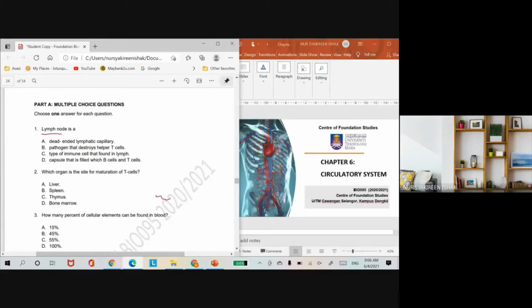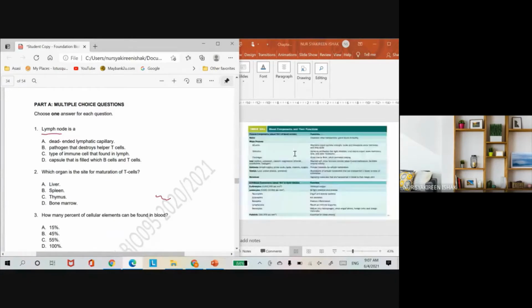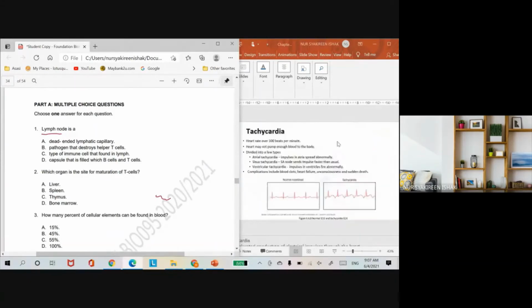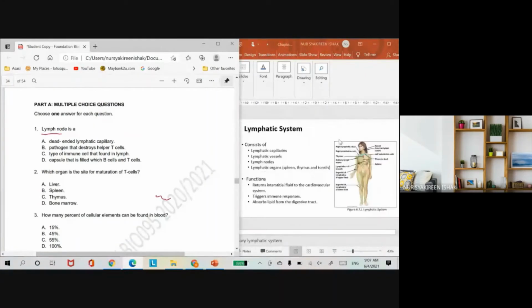So for question number 1, it says here lymph nodes is a capsule that is filled with B cell and also T cell. If you refer to your notes here, it is in the part on the lymphatic system.